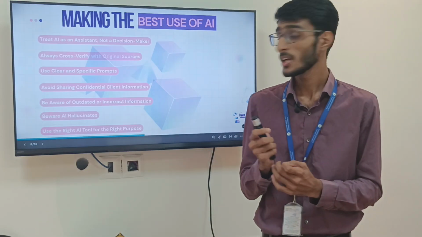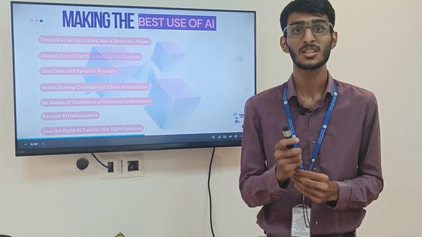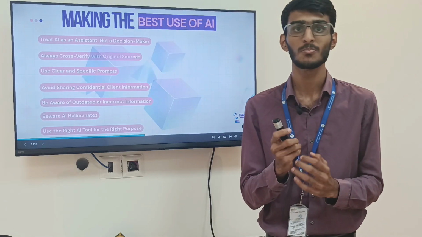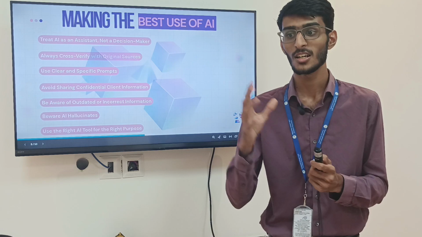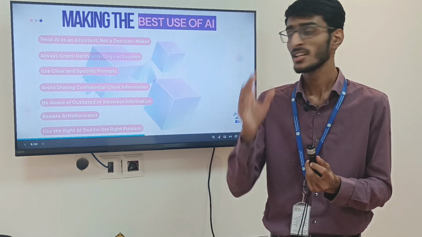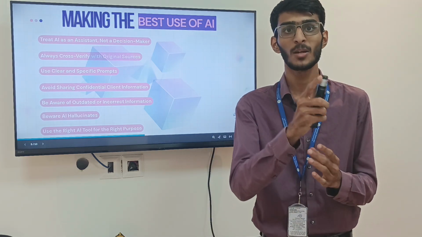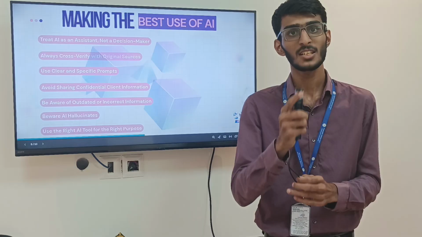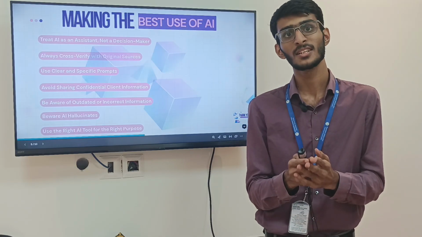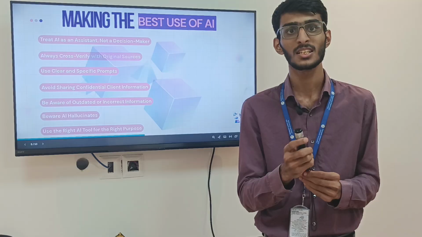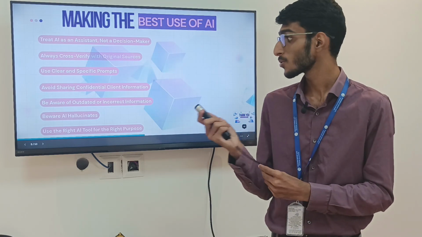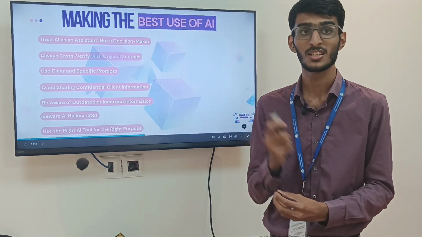And you must also be aware that AI will hallucinate. Hallucinating is basically it makes up its own mind. Let's say you tell AI that 1 plus 1 is equal to 3. First time it will disagree with you, second time it will disagree with you. After maybe the third or fourth time, it will start agreeing with you and start giving reasons of its own. So we must always be aware that AI will hallucinate.